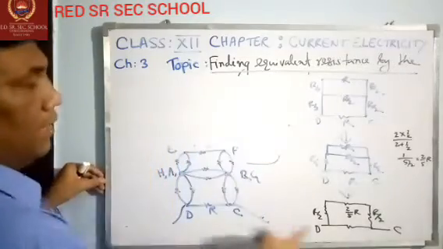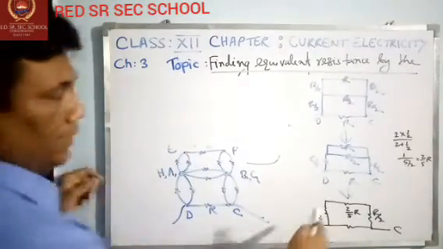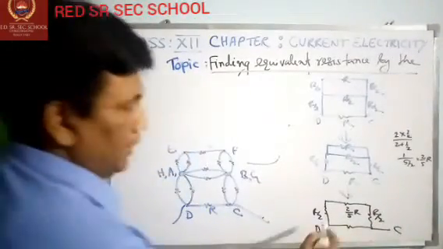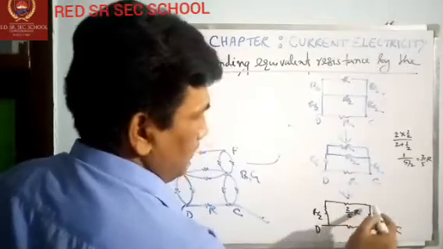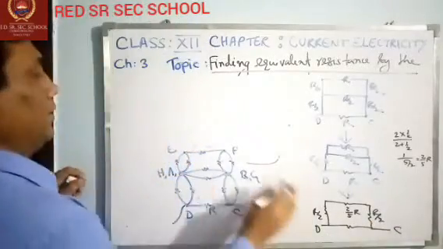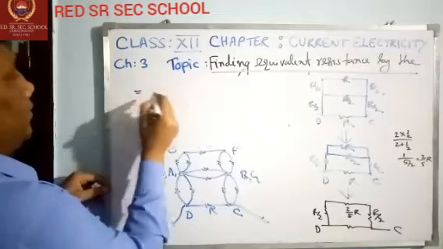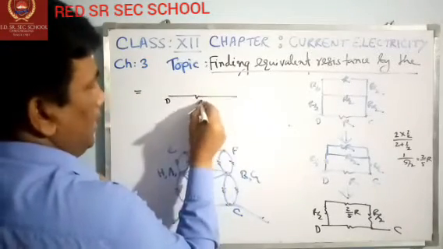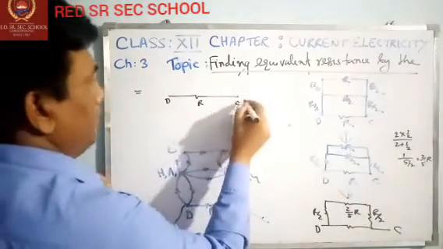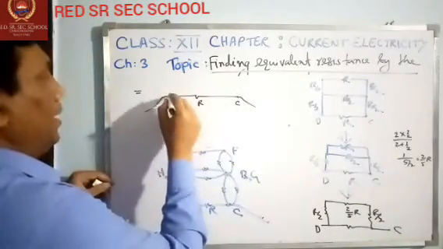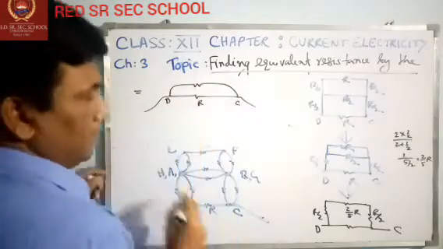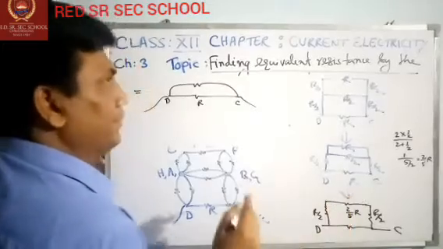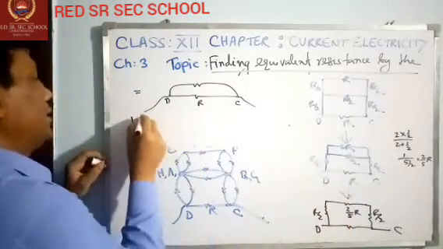So after this figure, this and this will be in series. Okay, R by 2, 2R by 5 and R by 2 will be in series. So what will be the equivalent figure? This is D, this is R. Okay, this is C. Now there is a single resistance I can put: R by 2 plus R by 2, R plus 2 by 5, the 1 plus 2 by 5.